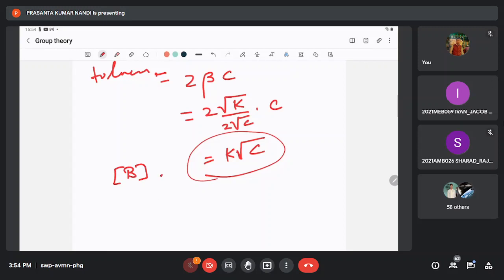Sir, K is inside the root. Yes. So you can put it as K prime, where K prime equals square root of K. Now write it in compact form.